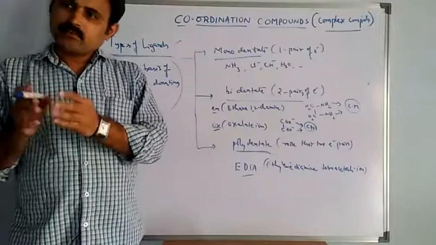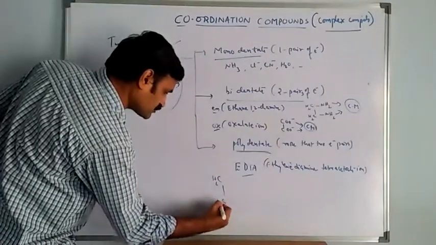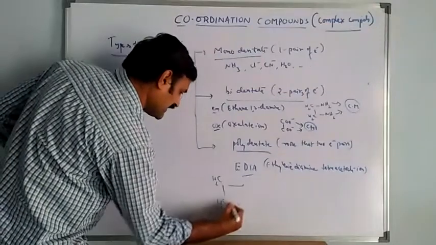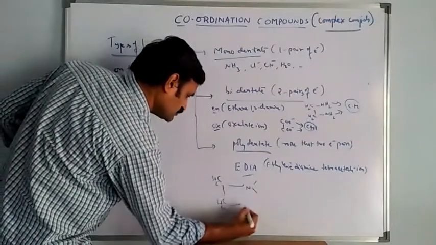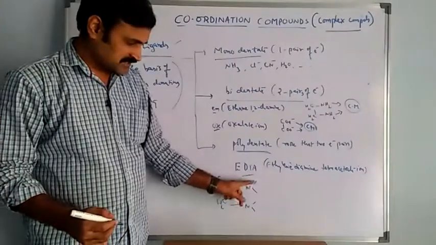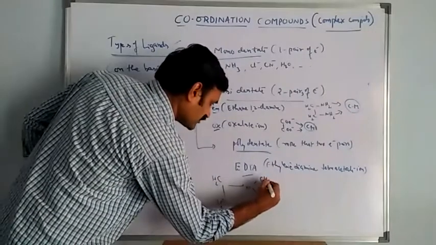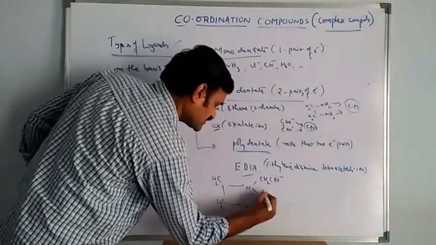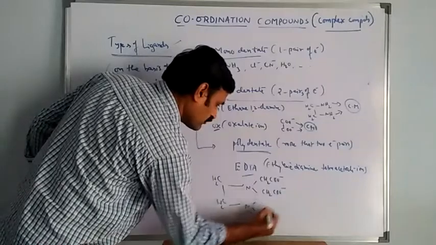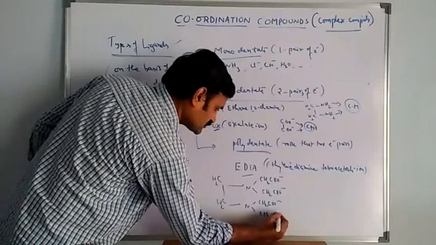Ethylene diamine is very clear: ethylene means 2 carbons, the remaining is diamine, so with 2 bonds you should write NH2, but these hydrogens are replaced by the acetate ion CH2COO minus, CH2COO minus, here also CH2COO minus, CH2COO minus.